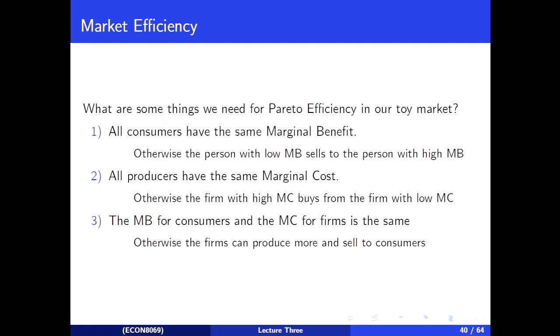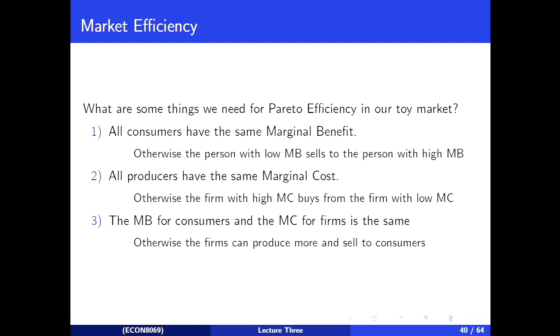Because there's that gap between marginal benefit and marginal cost. There are regions of additional net surplus that can be produced. So we want marginal benefit for consumers and the marginal cost for firms to be the same. And if we have these things, then we have Pareto efficiency.